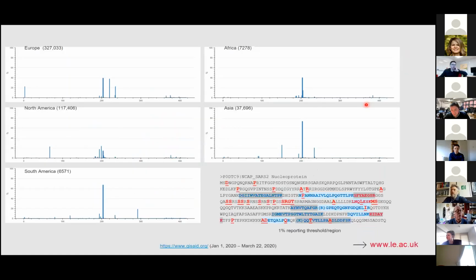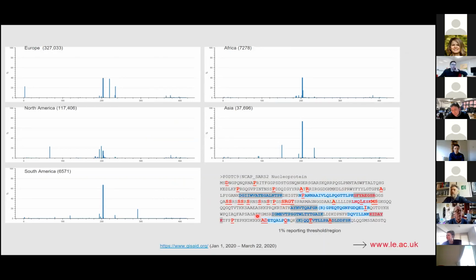And I suppose one of the overarching questions is about variants and how that will affect things. So we've done some work looking at regional variants, and we can look at the mutational frequency. We show here, in the grayed out or blue boxes, the peptides we're selecting. The red writing with the underline is where the mutations are most frequent.